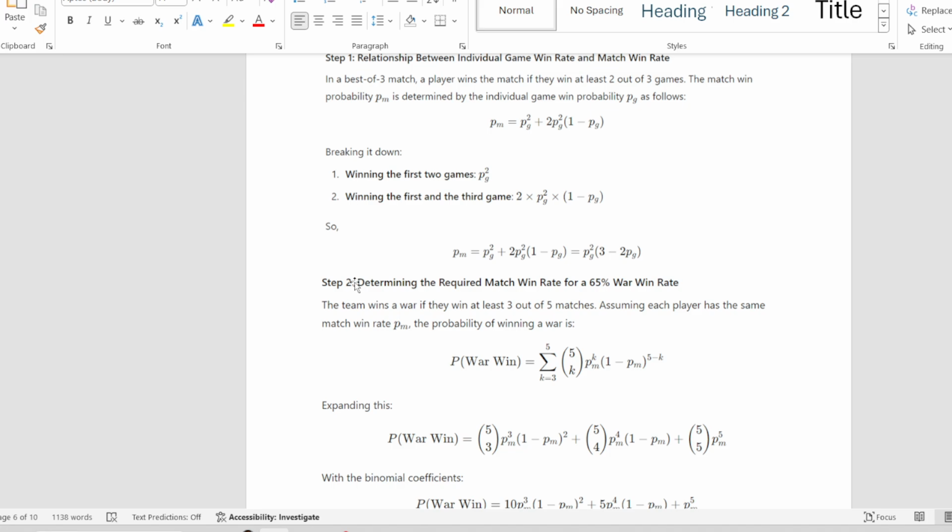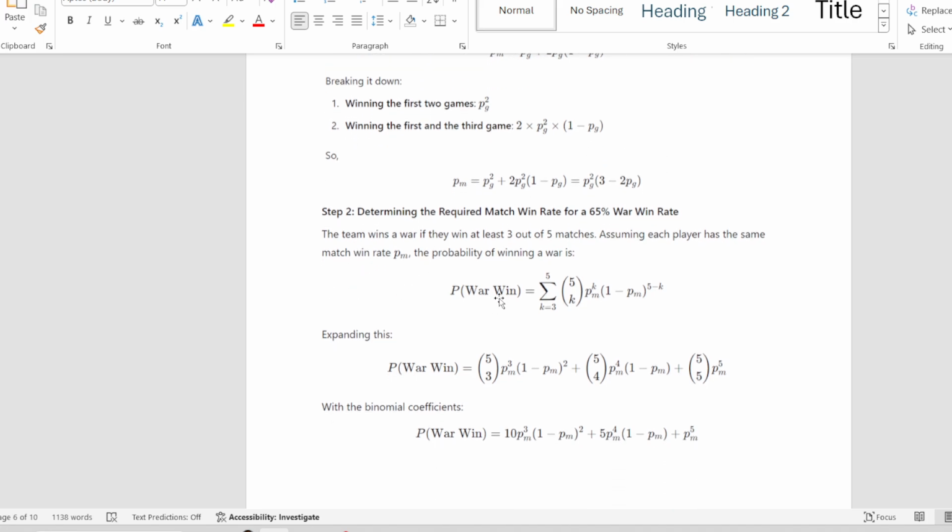Then we need to determine the required match win rate for a 65% war win rate, since we already found the equation for the relationship between matches and games. That's the formula. We get to use a binomial here because in wars there is a set number of people playing each week.